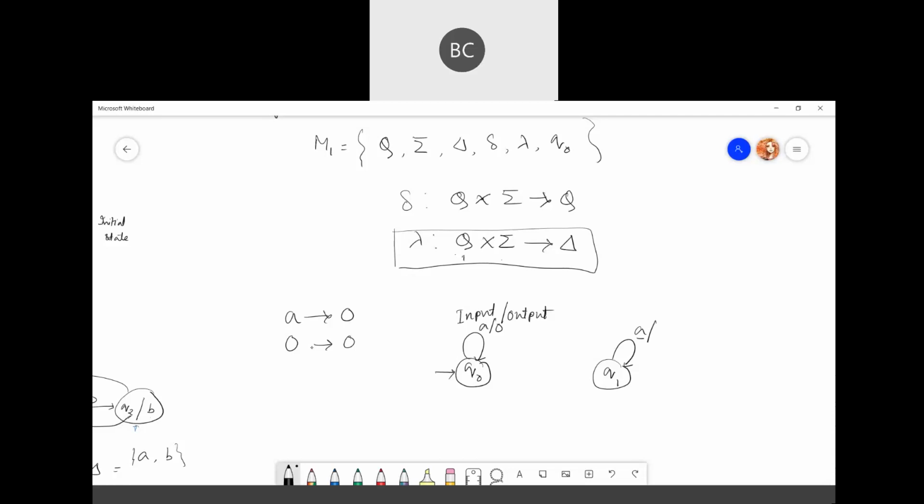For input A, output is 1. For input B, output is 1. For input B, output is 0.